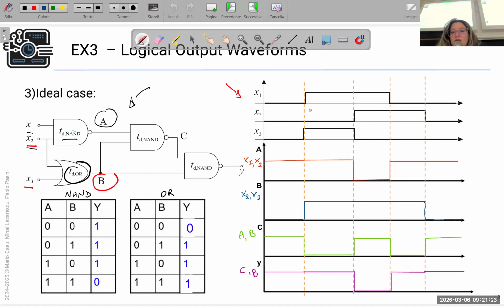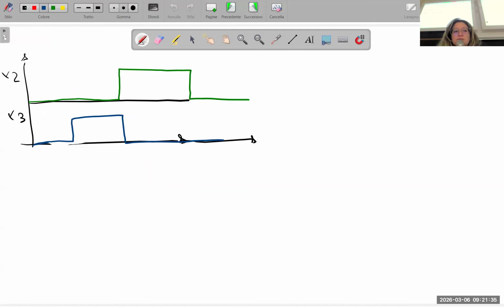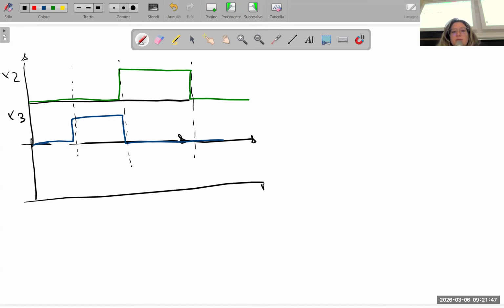So we have again 1 changing, 2 changing, 2 changing, 3. Here another one. So 1, 2, and 3, right? And let's see what happened to B.